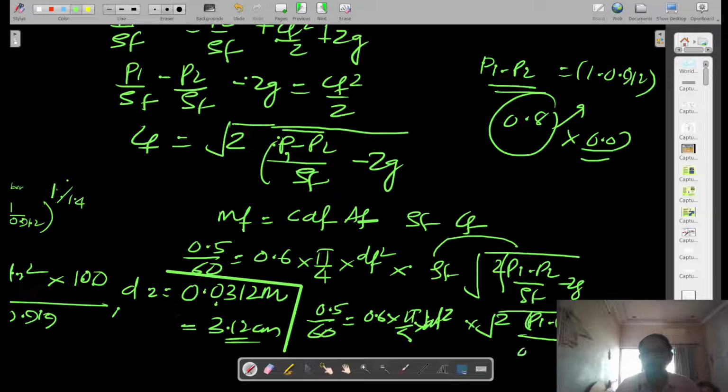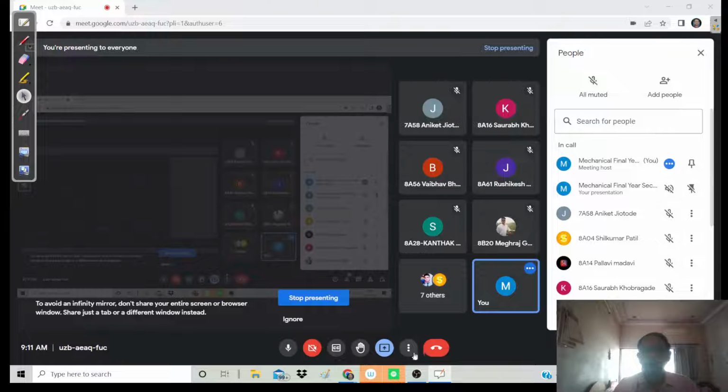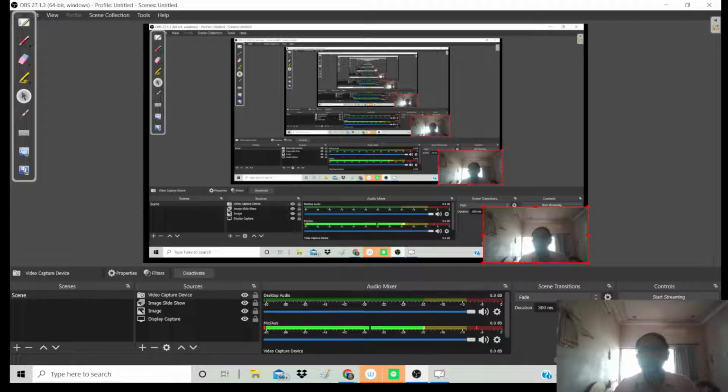If I put this value over here, Zg is equal to 0. Putting the value 0.07 over here, I get the value of df. So df here comes out to be 0.2, and the last value I am giving in mm. This is the value which I have got.